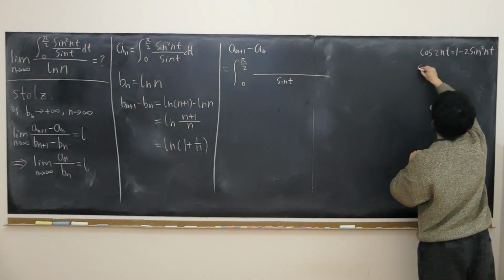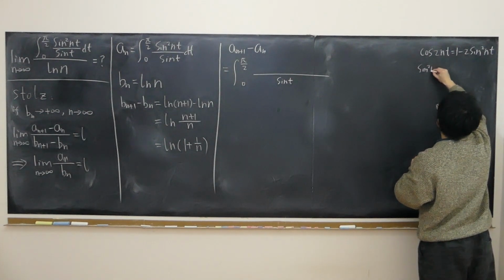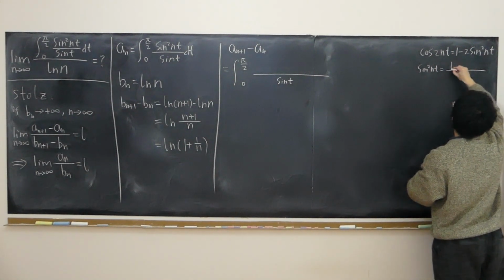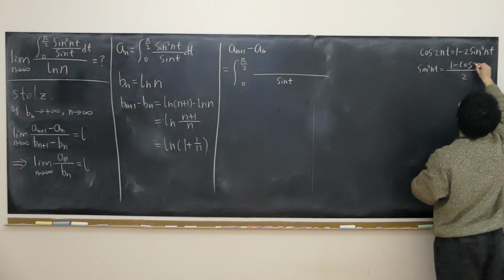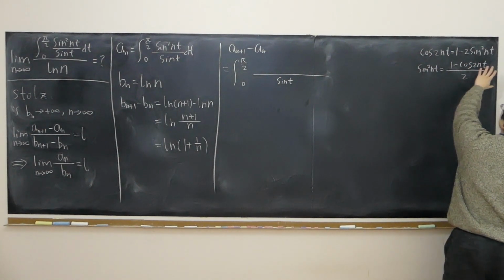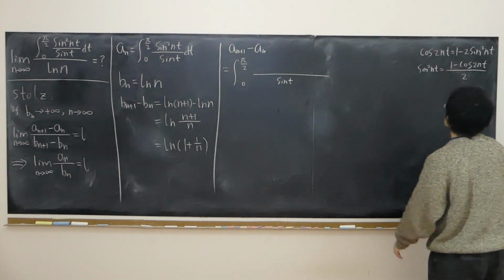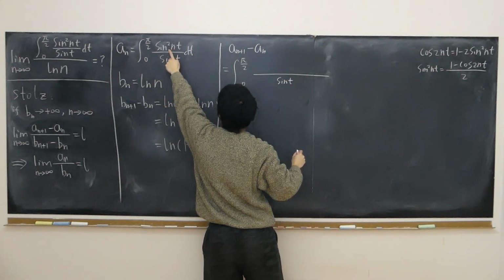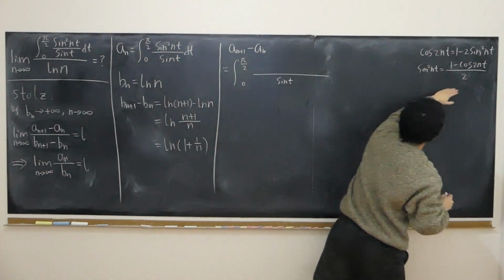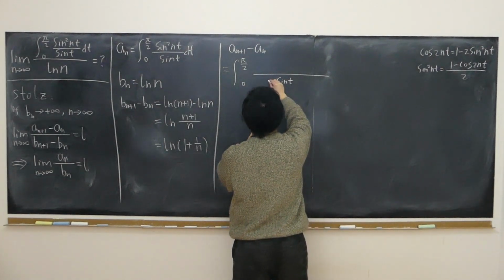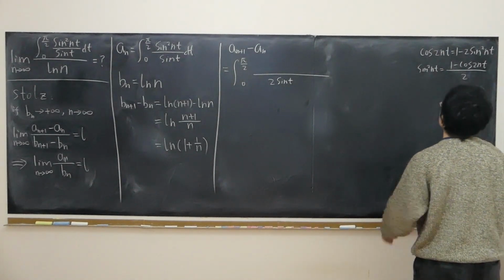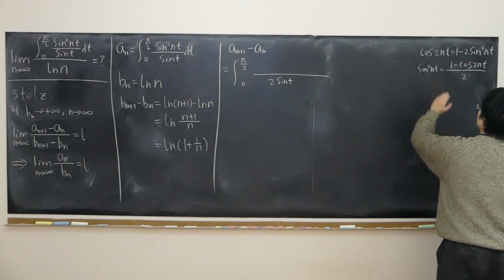Therefore, sine square nt is simply equal to half of 1 minus cosine of twice nt. So I can reduce its power down to degree 1.